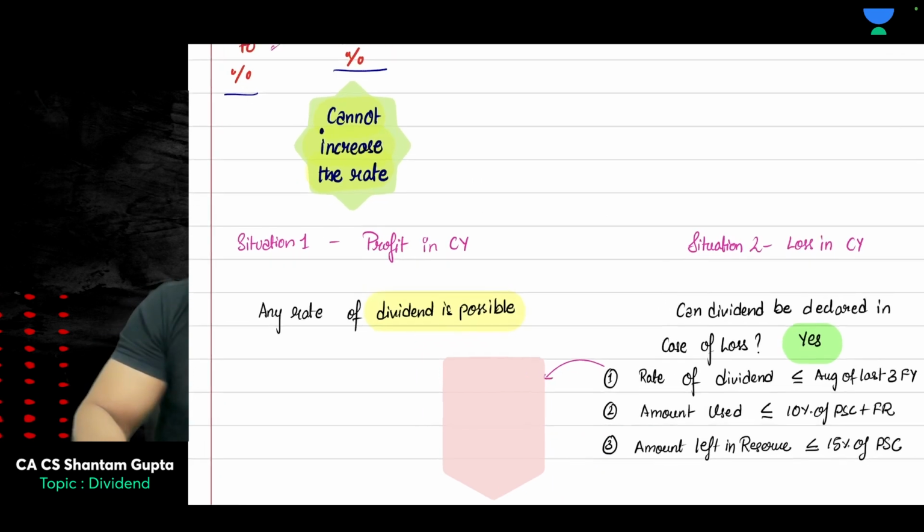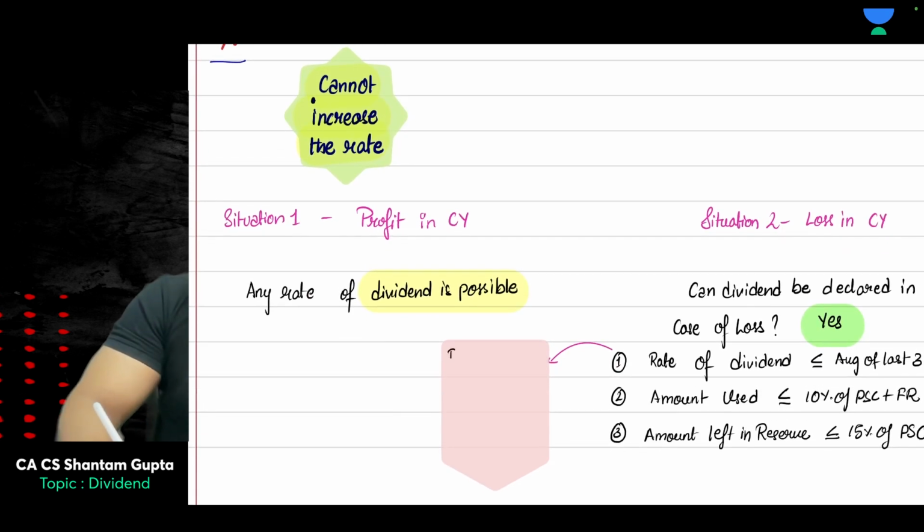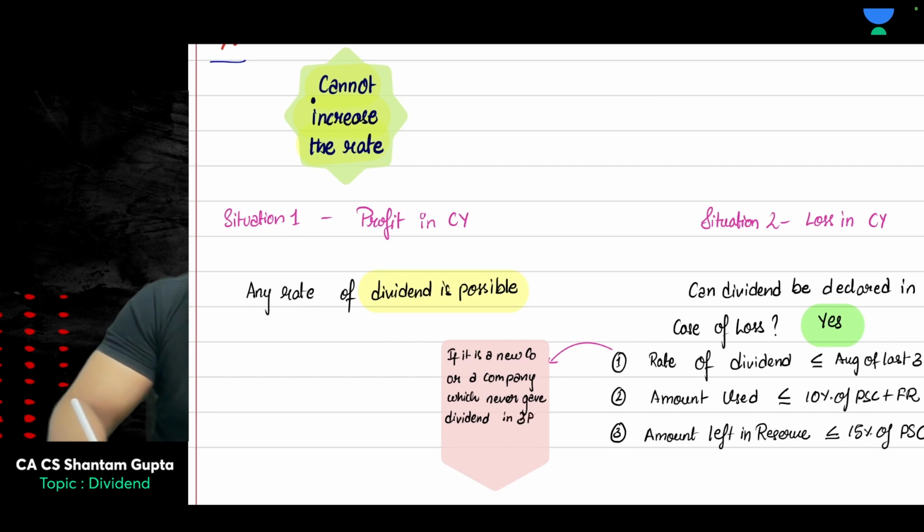If it is a new company, or a company which never declared dividend in the 3 previous financial years, then this condition is not applicable.